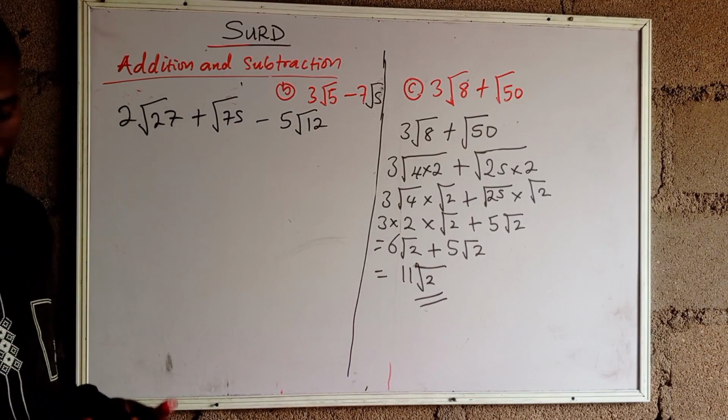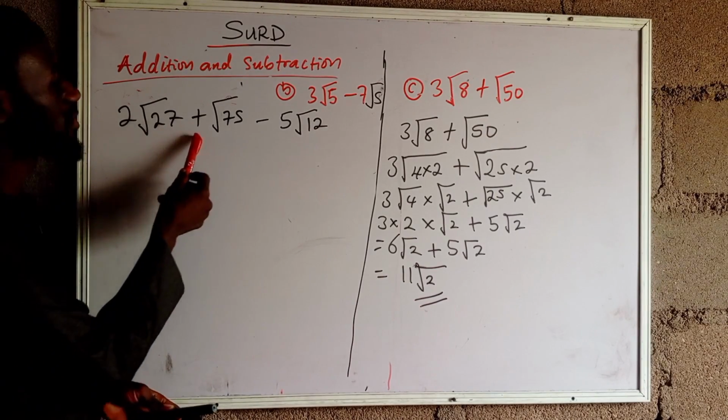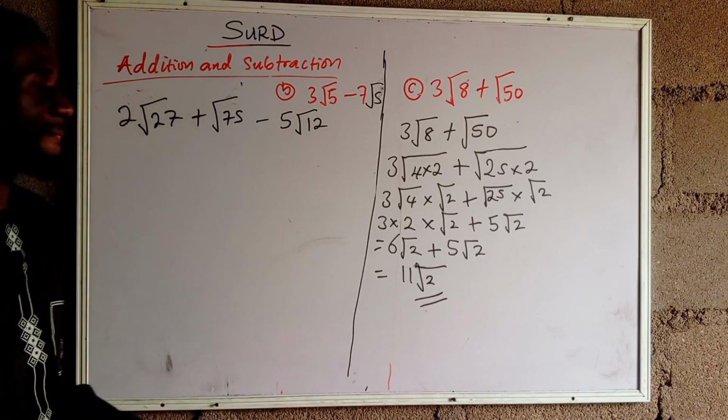That is our last question to solve here on the board. We have 2 root 27 plus root 75 minus 5 root 12.